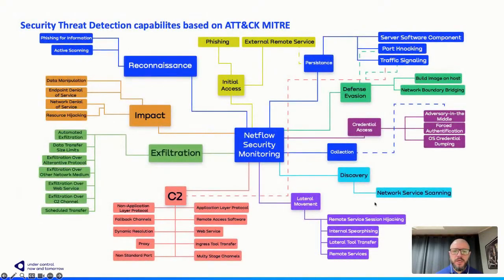This is probably one of the most complicated slides in my presentation. This is information about all rules or methods which we can use to detect unusual or suspicious communication in the network.